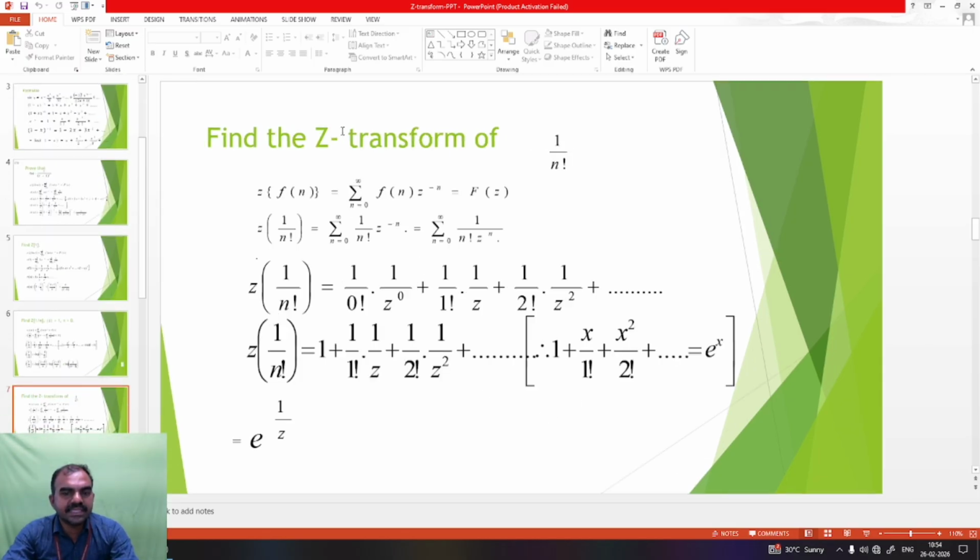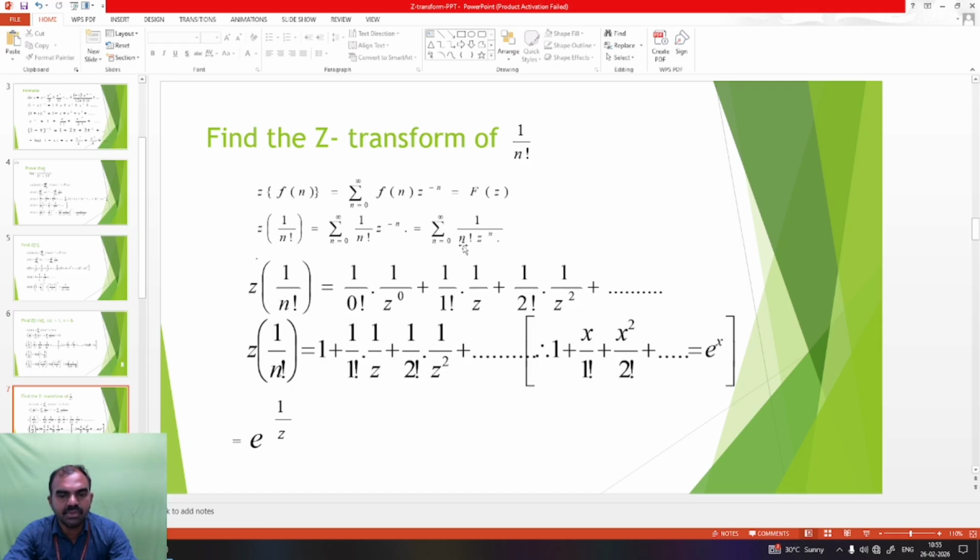Next one, find the z transform of 1 by n factorial. So z of f of n, sigma of n equal to 0 to infinity f of n z power minus n, that is equal to f of z. So z of 1 by n factorial is the summation of n equal to 0 to infinity 1 by n factorial z power minus n, which equals the summation of n equal to 0 to infinity 1 by n factorial, with z power minus n going to the denominator as z power plus n.